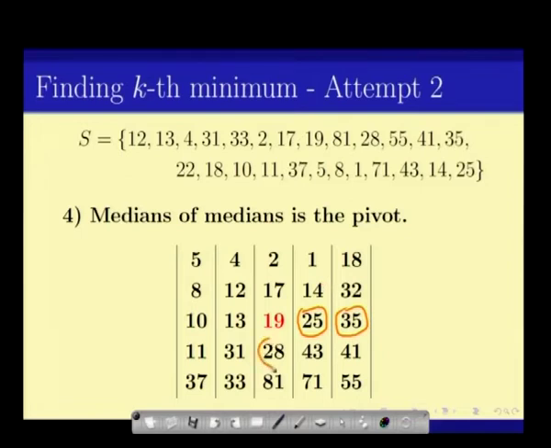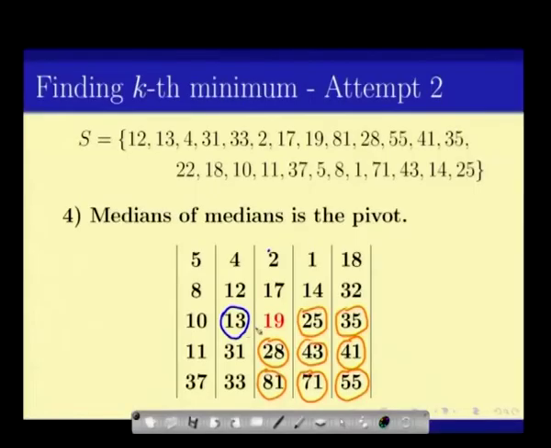Thus, 28 is greater than 19, and similarly 81 is greater than 19, because this comes after this 19. Similarly, 43 is greater than 25 is greater than 19, and similarly 71 is greater than 25 is greater than 19, and so is 41 greater than 35, which is greater than 19, and 55 which is greater than 35, which is greater than 19. So the lower right hand corner of this whole matrix is greater than 19.